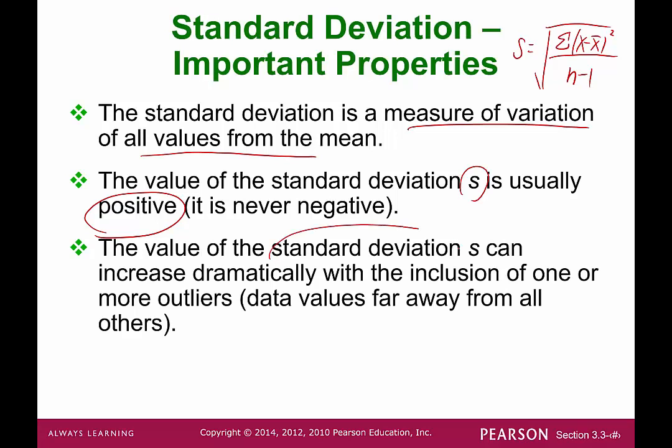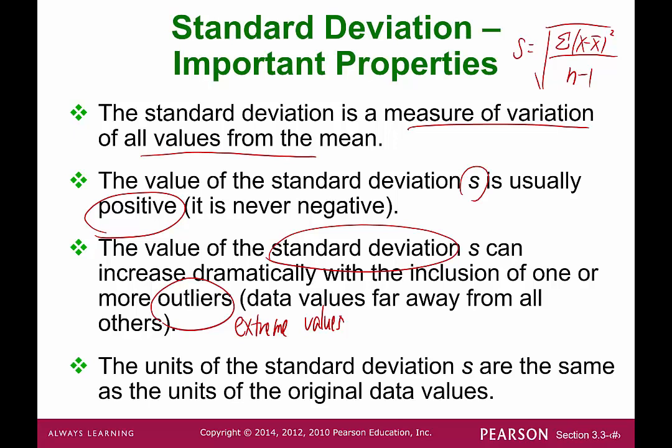The value of the standard deviation increases dramatically with outliers or extreme values. If you have more extreme values, the standard deviation will become much bigger. And the unit of the standard deviation is the same as the unit of the original data values, because it's a square root of a square.